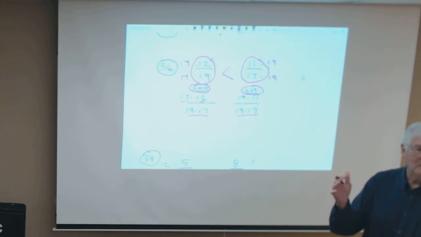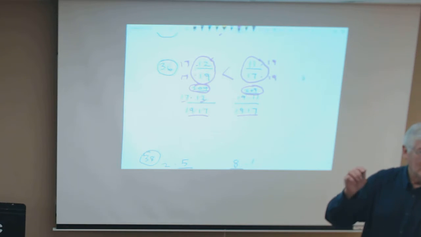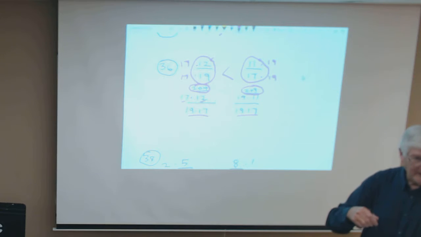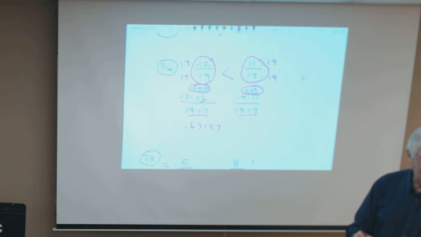Now what's the other way you could work this? Take your calculator, hit 12, and then divide by 19, and what do you get for a number? 0.631575. Now take 11 and divide it by 17.